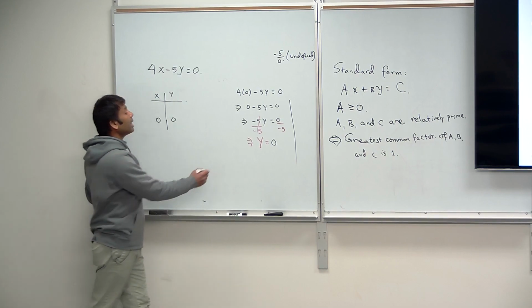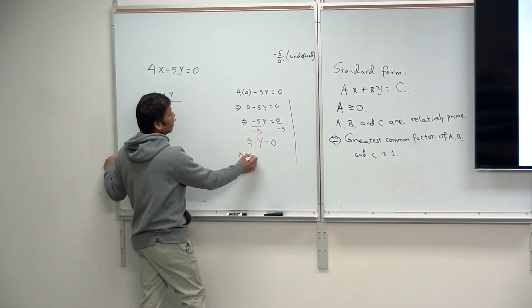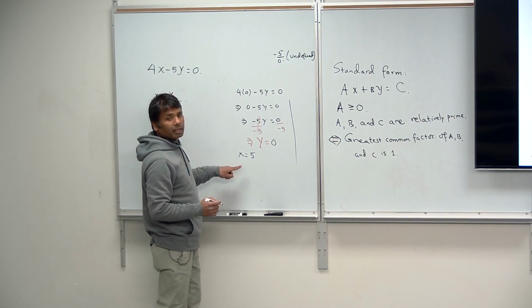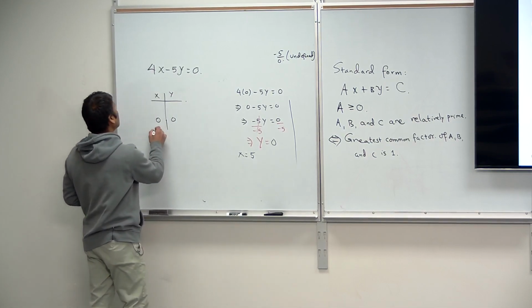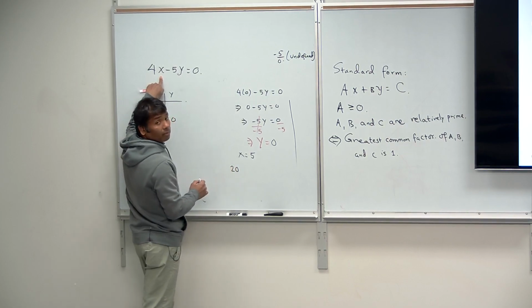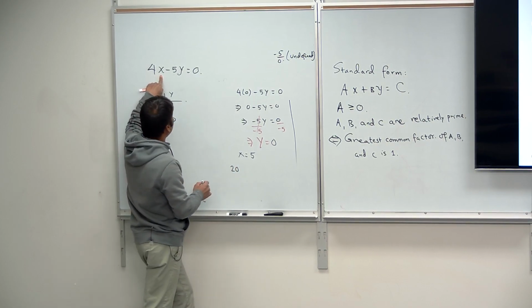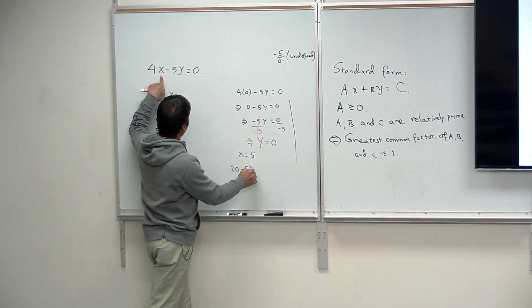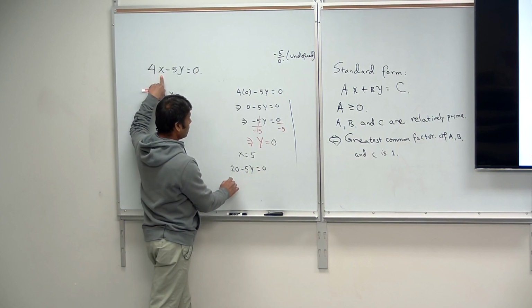Yes, if I pick x equal to 5, right? Okay, so 4 times 5 is 20. Are you guys with me? 4 times 5 is 20 minus 5y equal to 0. This is the same as 5y equal to 20. Are you guys with me?